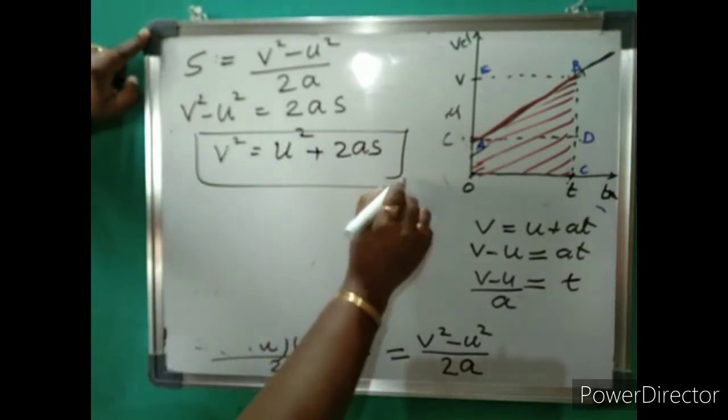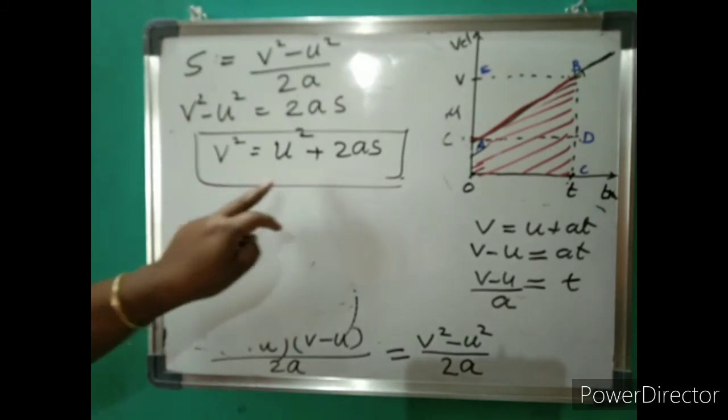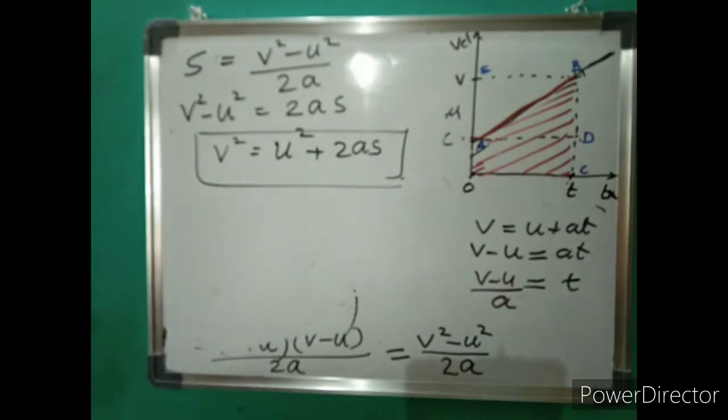This is the third relation, the position velocity relation: v square is equal to u square plus 2aS.